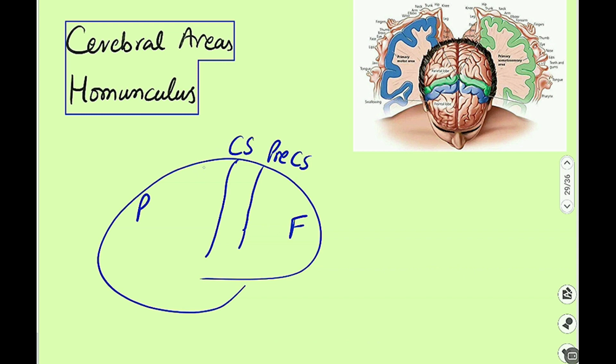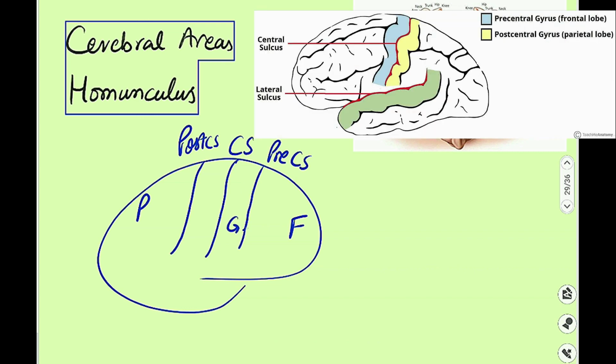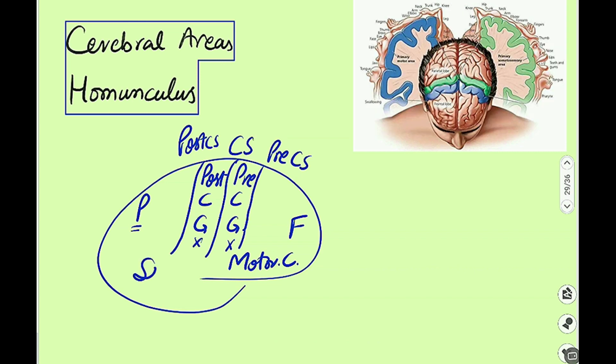Likewise, behind the central sulcus, we have another parallel sulcus known as the post-central sulcus. In between the sulci, we have the gyrus. This is a gyrus known as the precentral gyrus, present in the frontal lobe, and this is the motor cortex. Likewise, this is also a gyrus known as the post-central gyrus, present in the parietal lobe, and this gyrus is known as the sensory cortex.